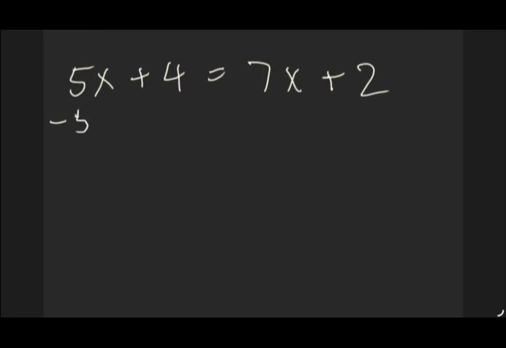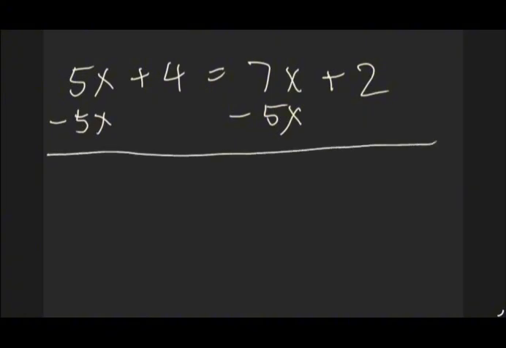Alright, let me give you another example. 5x plus 4 is equal to 7x plus 2. Let's subtract 5x on both sides because it seems kind of easier. We're now left with 4 is equal to 2x plus 2.